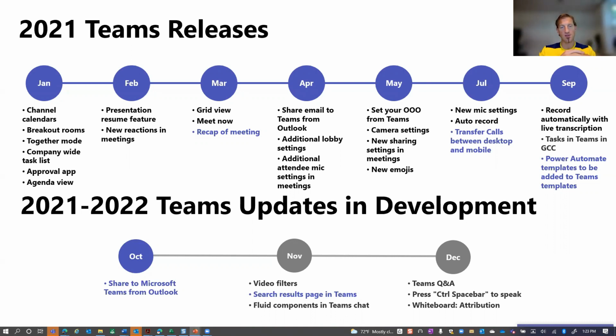Give me a search result page so then I can go through it and figure out, oh, it's over here in this team, or it's over here. That is due to come out next month. I'm really excited about that. When we get our hands on that, you'll be the first to see a demonstration on that, and we'll do a quick recording. But those are sort of my top Teams features from really the fall of 2021.